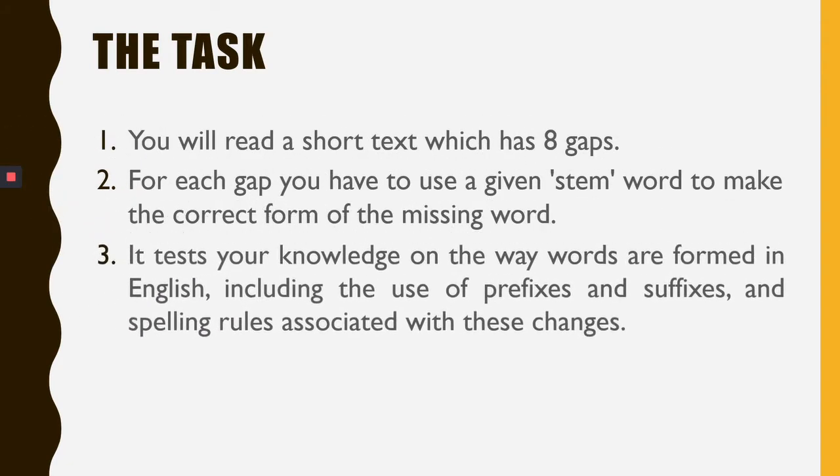When you complete the gap with this missing word, you will understand the reason why they ask you to do it. It tests your knowledge of the way words are formed in English, including the use of prefixes or suffixes, and the spelling rules associated with the changes.